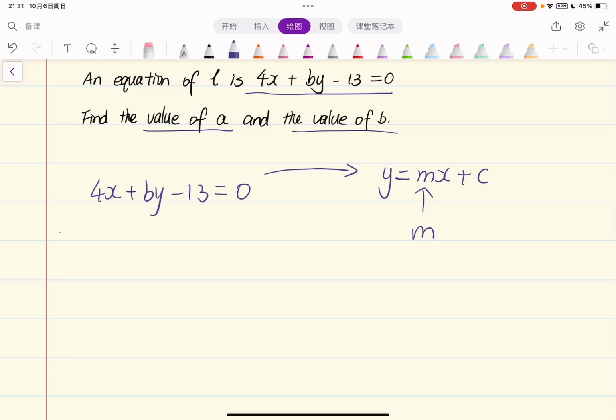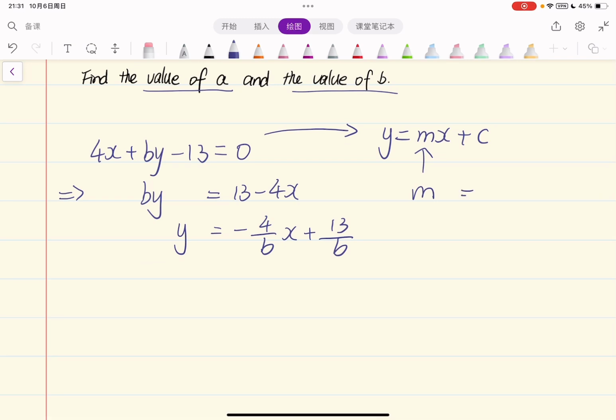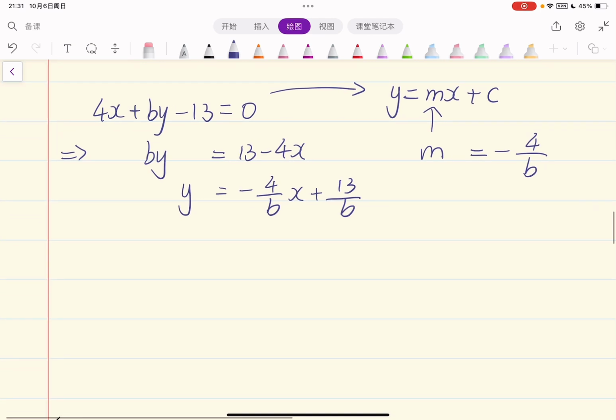So we have by equals 13 minus 4x. So y equals minus 4 over b x plus 13 over b. Now we have that m equals minus 4 over b. From the previous video, we know that m equals y2 minus y1 over x2 minus x1.